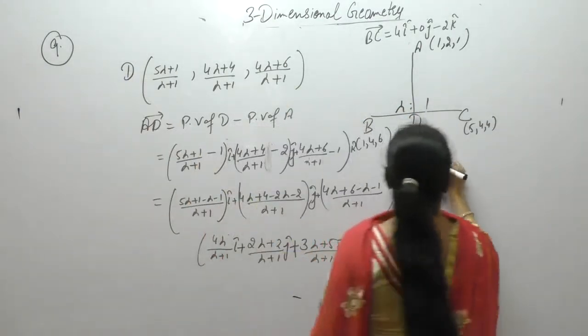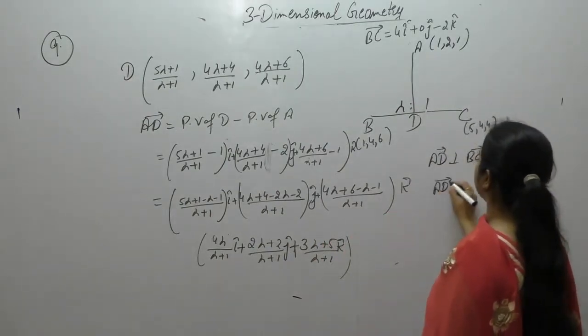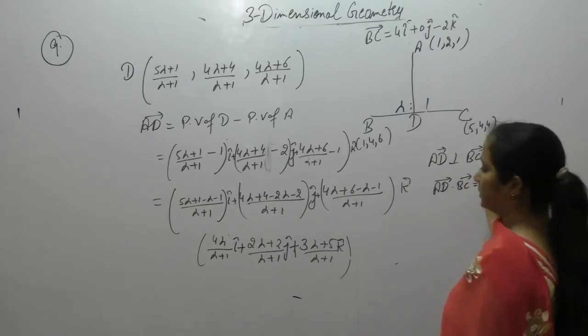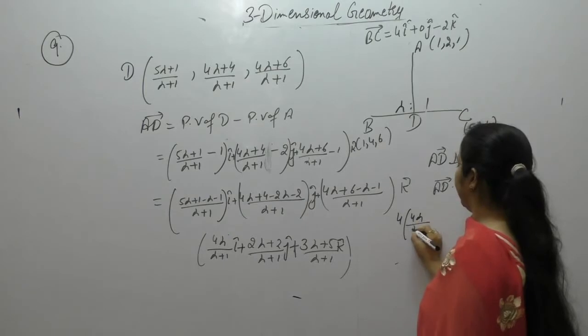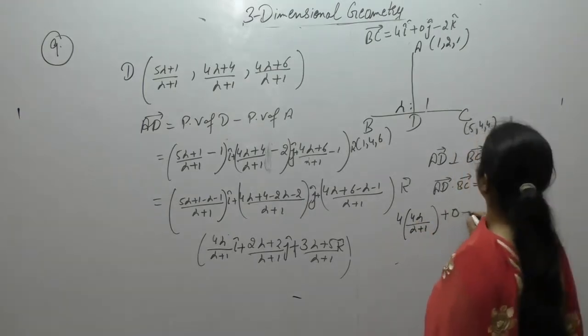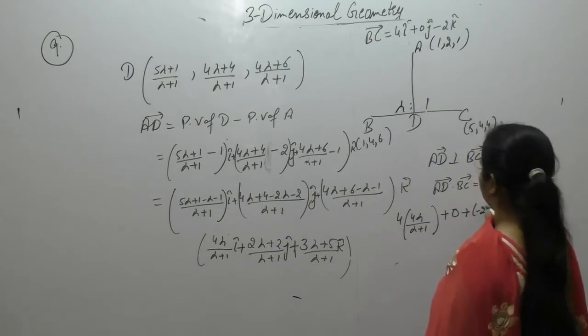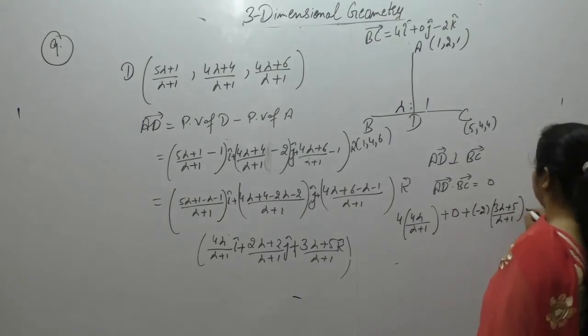Write down AD is perpendicular to BC, then their dot product is 0. Take the dot product. 4 into 4 lambda upon lambda plus 1, 0 into this 0, minus 2 into 3 lambda plus 5 upon lambda plus 1.